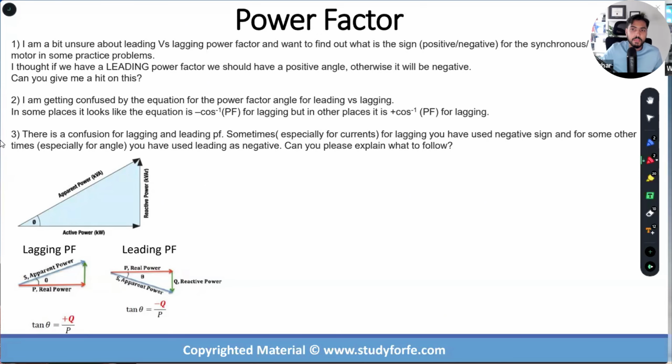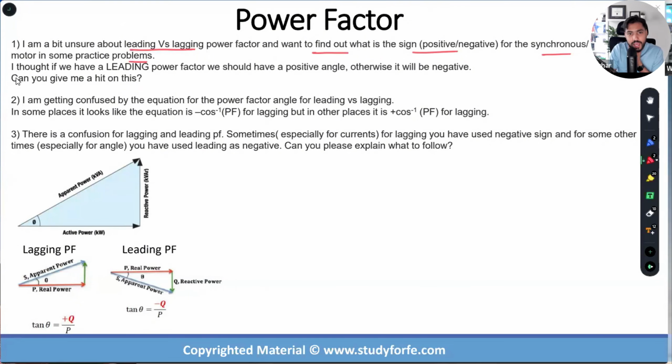Anyway, the first one: I'm a bit unsure about leading versus lagging power factor. Those of you who have attended, you know that after you've gone through the class, you should not be a bit unsure. You should be 100% solid on it. And they want to find out what is the sign, positive or negative, for the synchronous or induction motor in some practice problems.